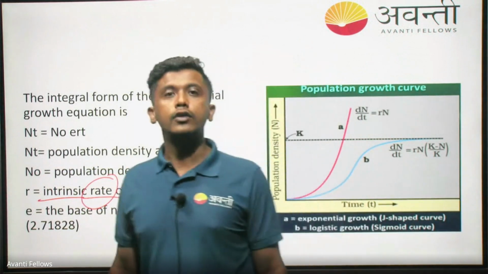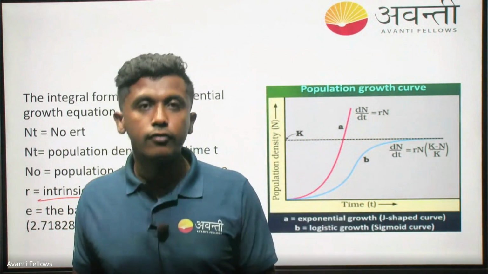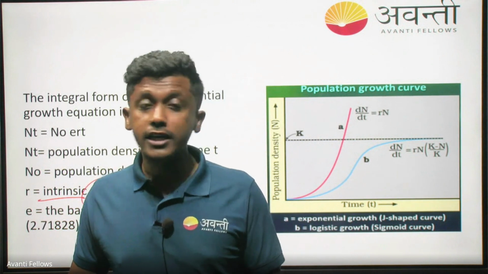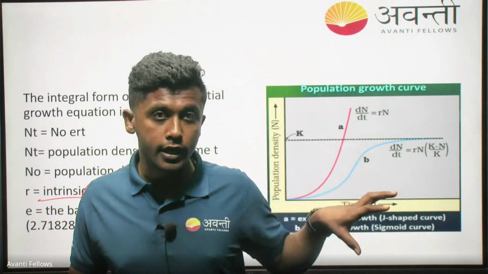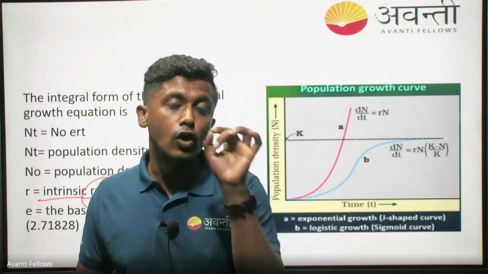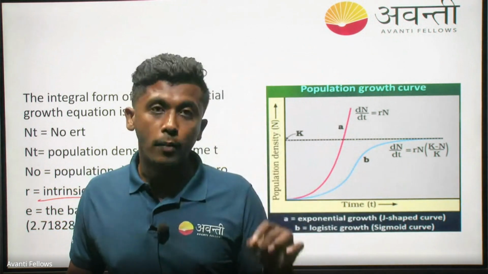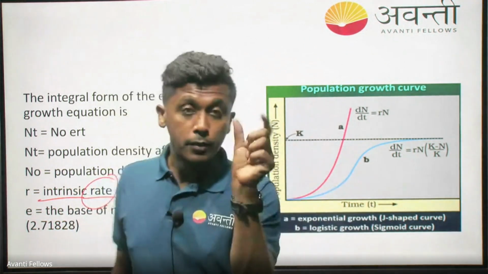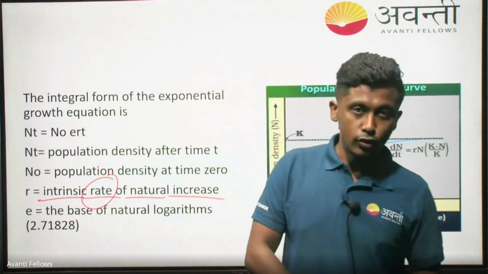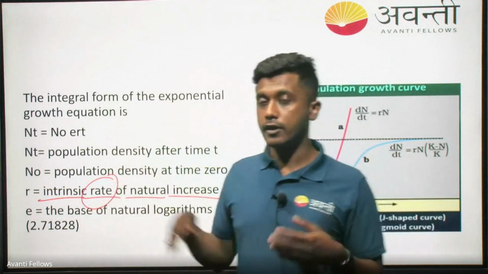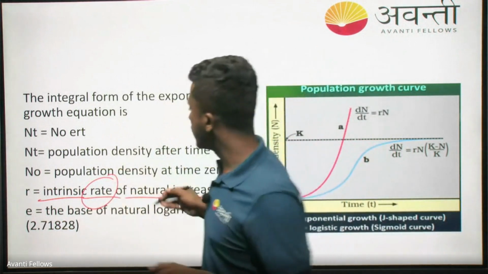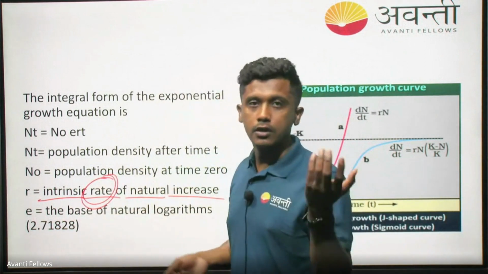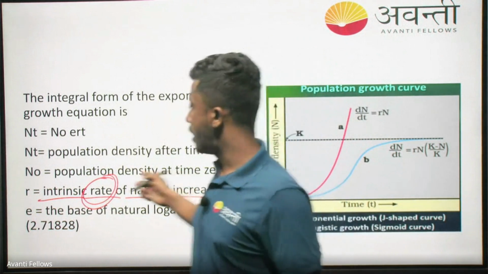Similarly, you can take competition for food resources, migration, or climatic conditions, hundreds of parameters, and you can understand the rise or decrease in the population because of that particular reason. Whether you plot for temperature or competition, that will show how it is affecting the rate of change in the population. Understood? So that is why r is a very important factor.